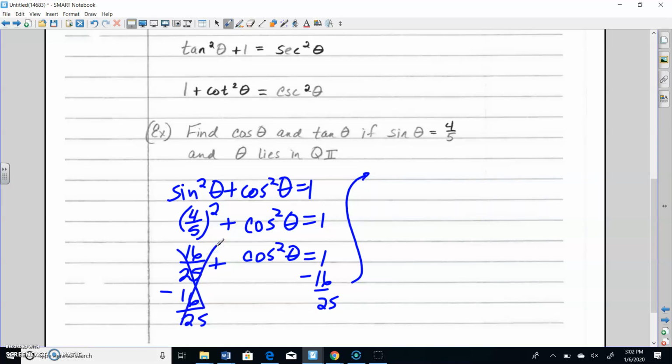So on the left, I have cosine squared of theta equals 1 minus 16/25, and that's going to be 9/25.